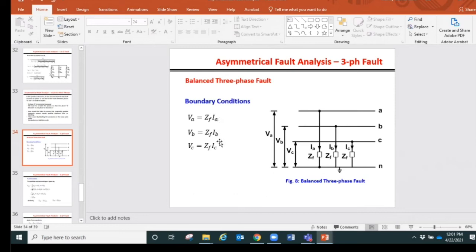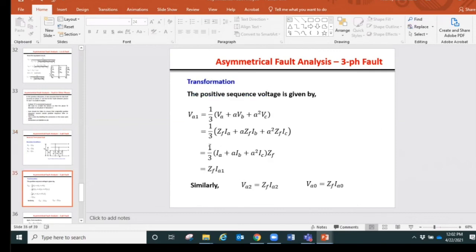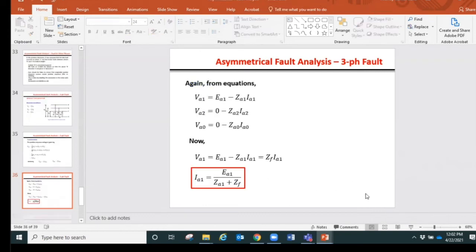We have the voltage equations for the boundary, VA, VB, VC. Simple, we can write them down looking at the circuit diagram: IA times ZF, IB times ZF, IC times ZF, and so on. Then we write down the transformation equation, and we find VA1 like that, VA2 like that, VA0 like that.